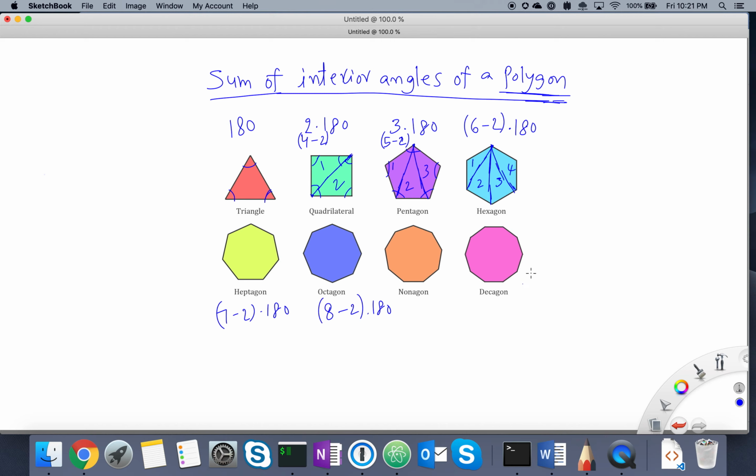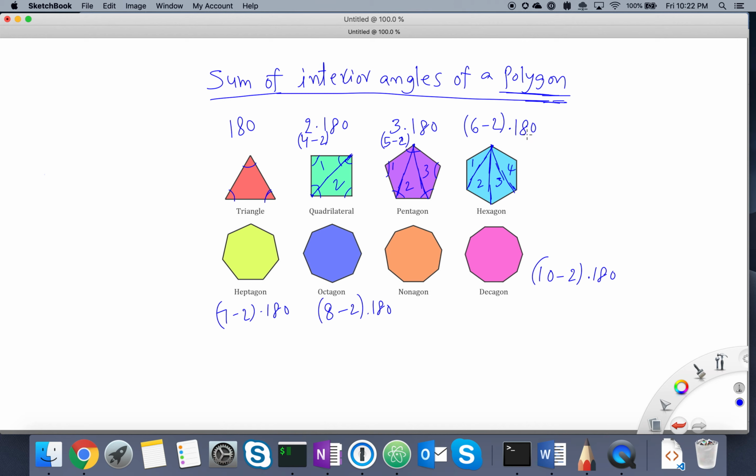So a 10-sided polygon, what's the sum of interior angles of this one? Well, 10 sides minus 2, those many triangles are there, and each triangle has 180 degrees. Make sense? So for this pentagon, 3 times 180 is 540, and 4 times 180, which is 720, I believe.